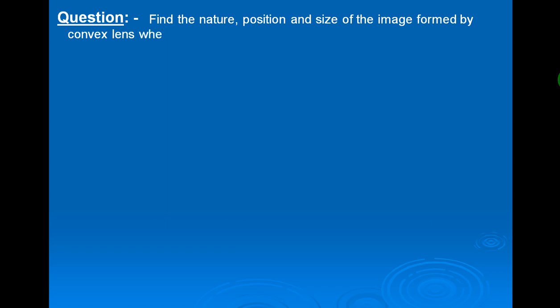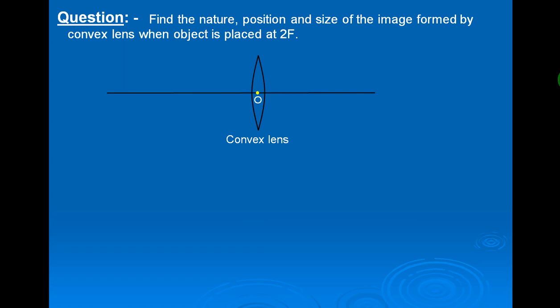Now next problem, next question. Find the nature, position and size of the image formed by a convex lens when the object is placed at 2F. So this is the convex lens and point O is the optical center, and suppose this is the principal axis.